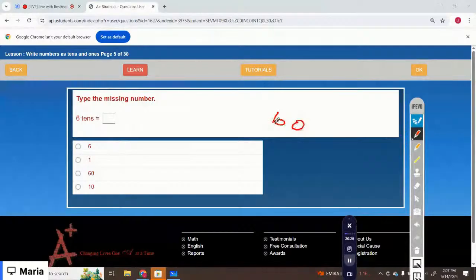So 6 tens is 60, and the correct option is 60. Option number 3 is the correct option.